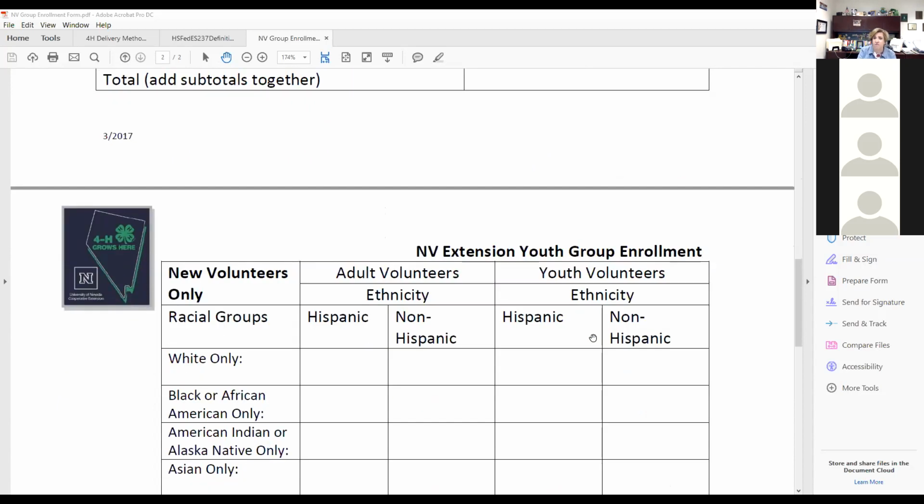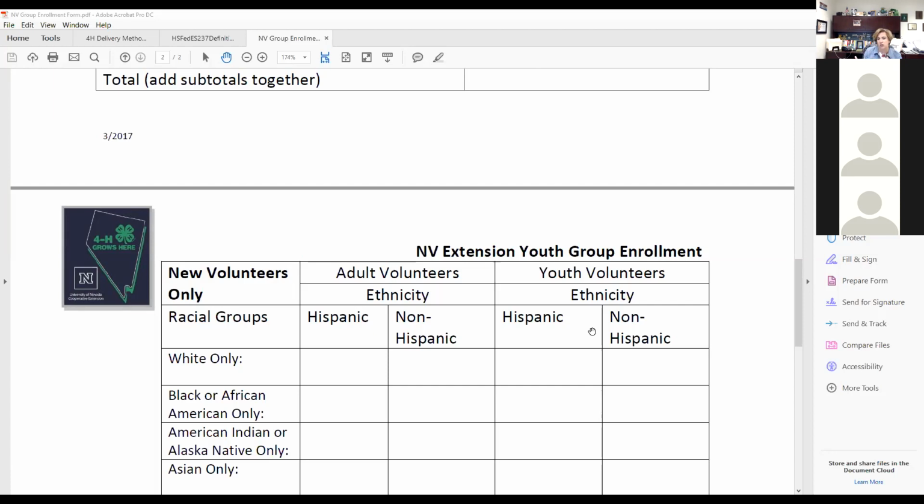Also, if you have adult volunteers, you only put adult volunteers in your group enrollments if they are new volunteers. Things like camp counselors or camp chaperones, if they only go to camp and that's the only thing they do within the 4-H program, they would go in here.